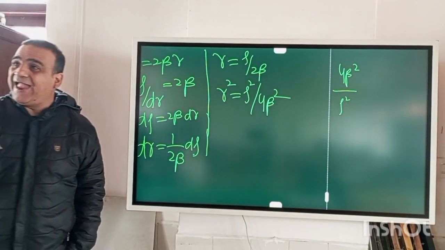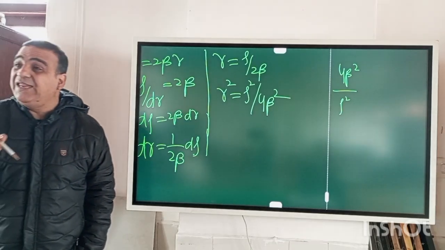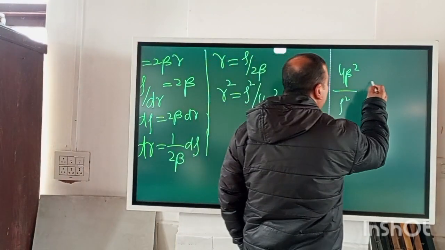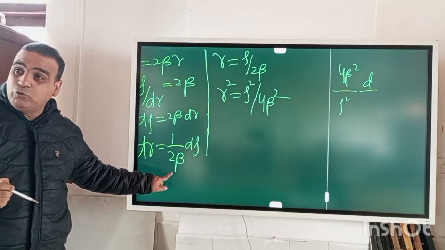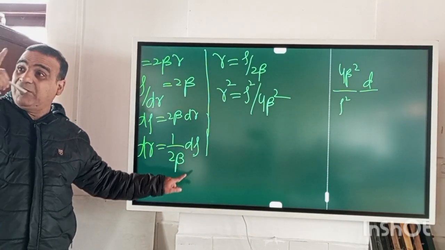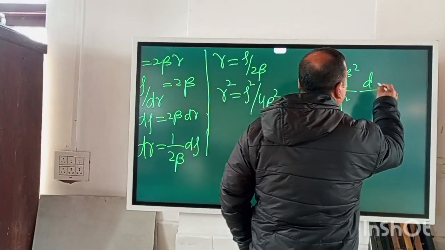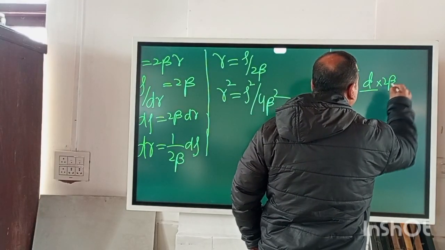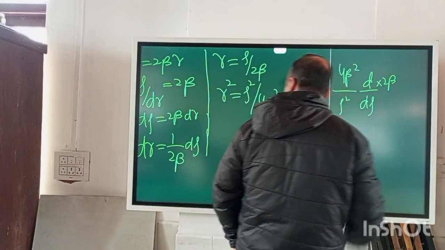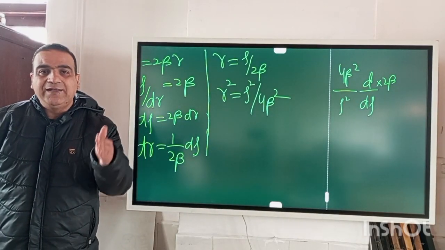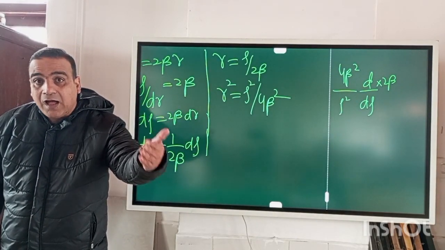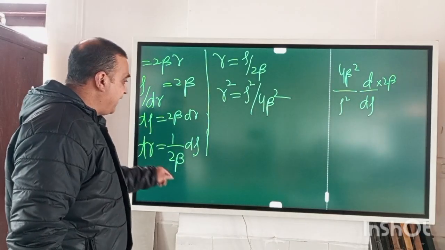Clear? Then what do I have? D by dr. But what is dr? It is 1 by 2 beta d rho, so 2 beta will go up. So here I will multiply by 2 beta divided by d rho. Then what's after that? D by dr of what? R square. What is r square?